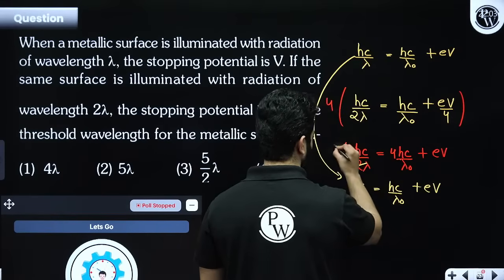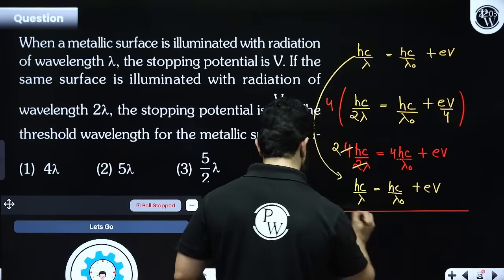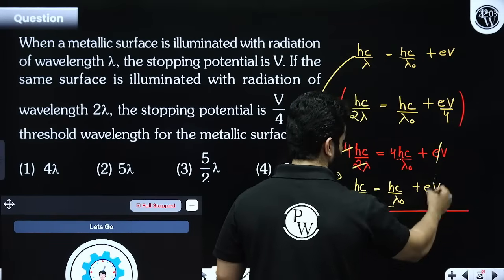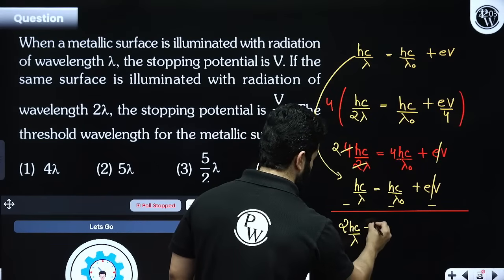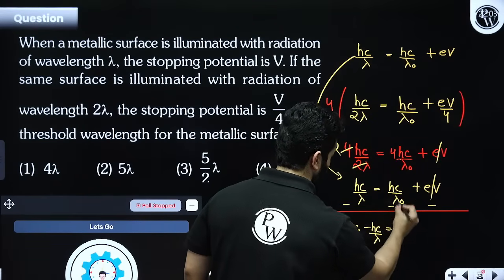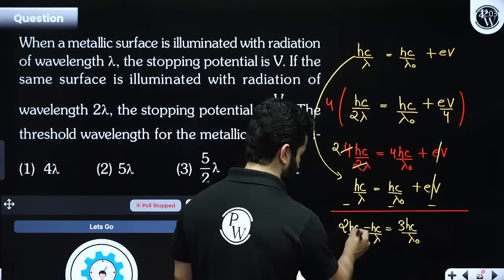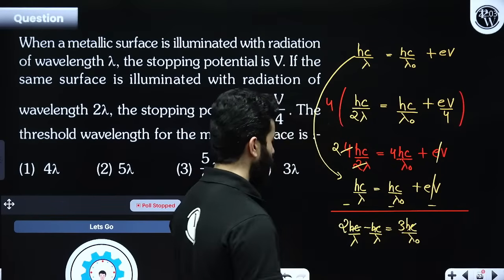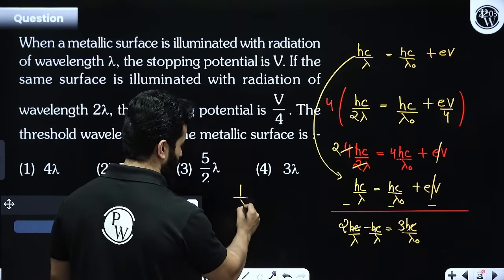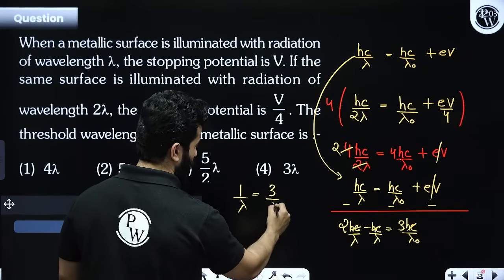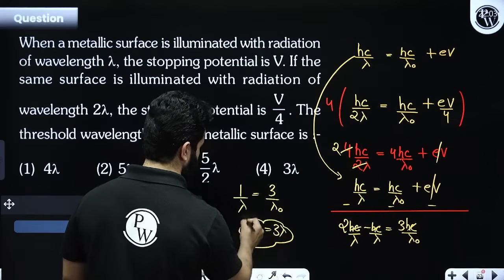So this is 2, and now let's subtract. eV will get cancelled out. This becomes 2 hc by lambda minus hc by lambda equals 3 hc by lambda naught, and hc will get cancelled out, so 1 upon lambda equals 3 upon lambda naught. So lambda naught will be equal to 3 lambda. D is the correct answer.